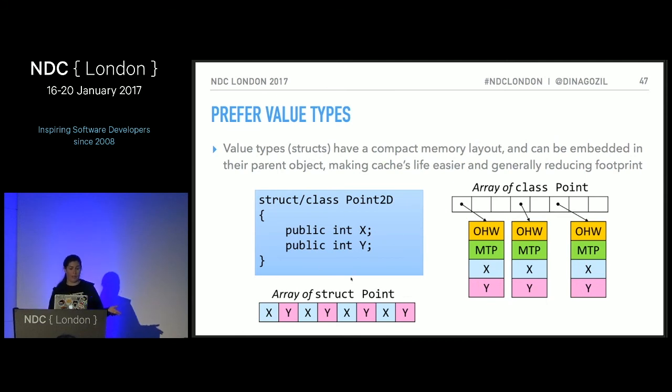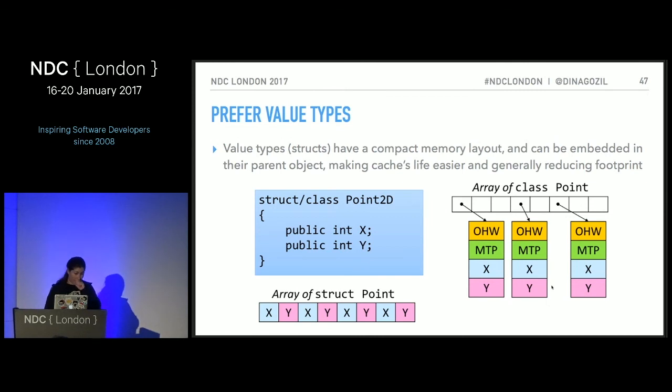Structs, on the other hand, don't incur any extra cost at all. They are just packed up continuously in a single chunk in memory. So that's good for caching. It's good because you don't allocate a lot of stuff. You don't do many allocations, and you don't create many structures that stress out the GC.